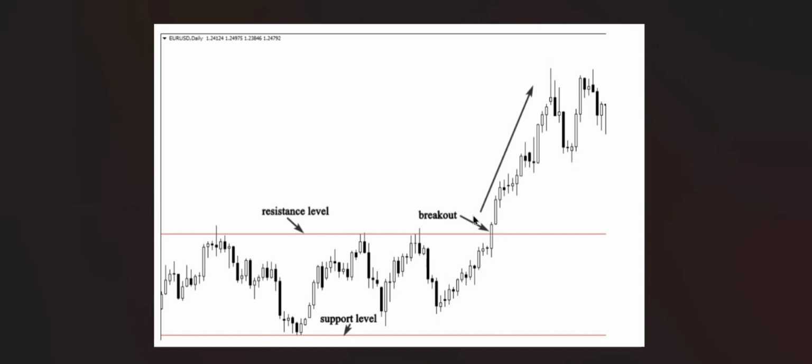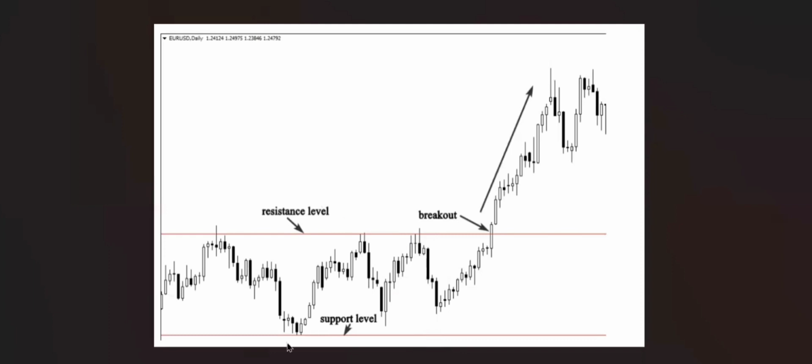The third way to trade a ranging market is to wait for a pullback after the breakout of a support or resistance. Remember, when we were establishing a basic knowledge of support and resistance, we mentioned that the previous support can become the next resistance, while the previous resistance can become the next support.